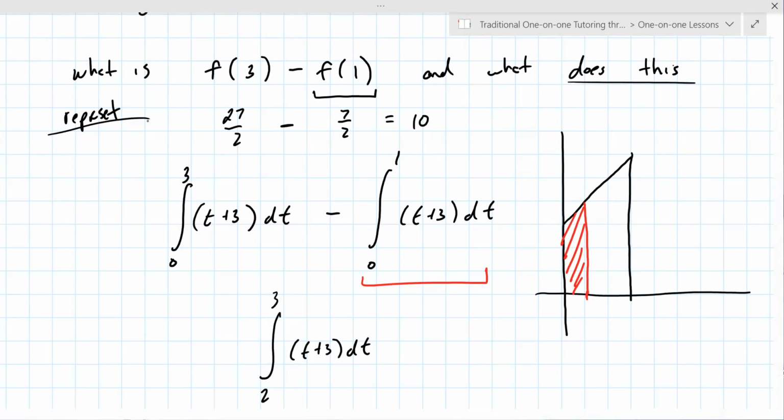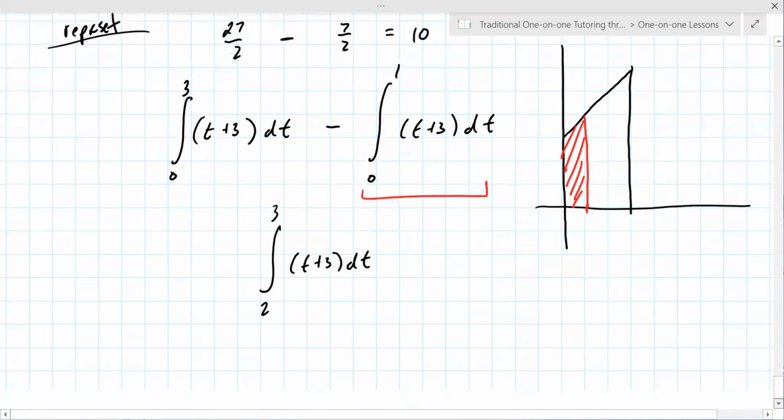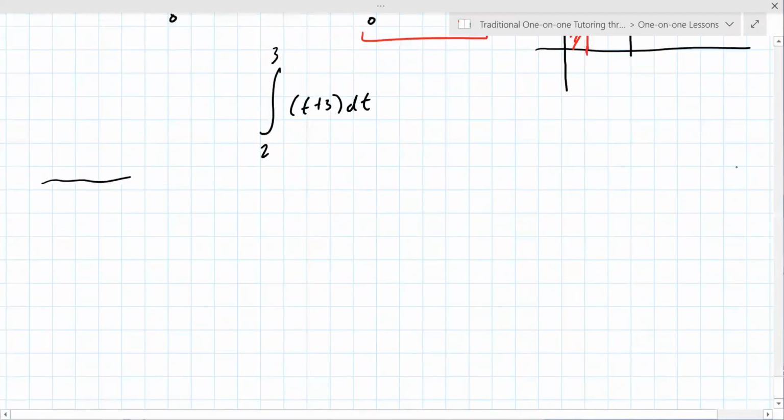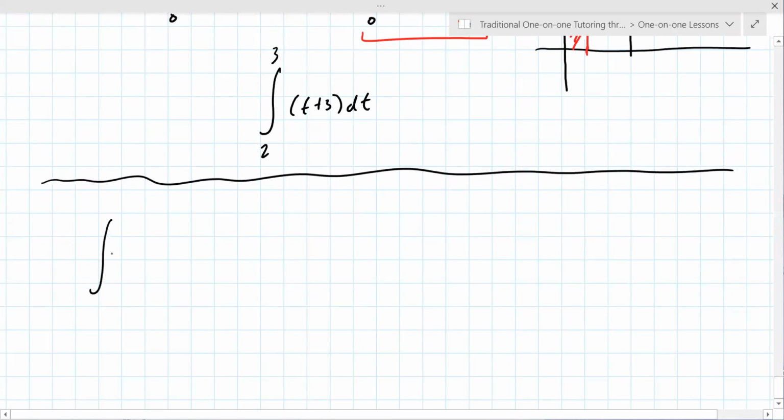Okay. All right, so let's do another one here. Let's ask you to find the integral from 1 to 4 of square root of x dx. So you do antiderivatives, right? Yes.